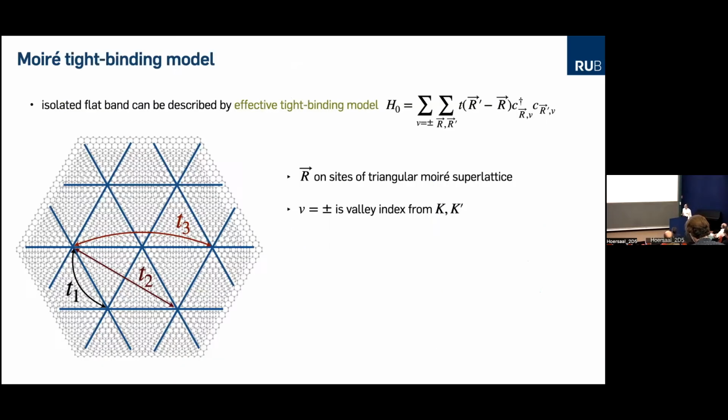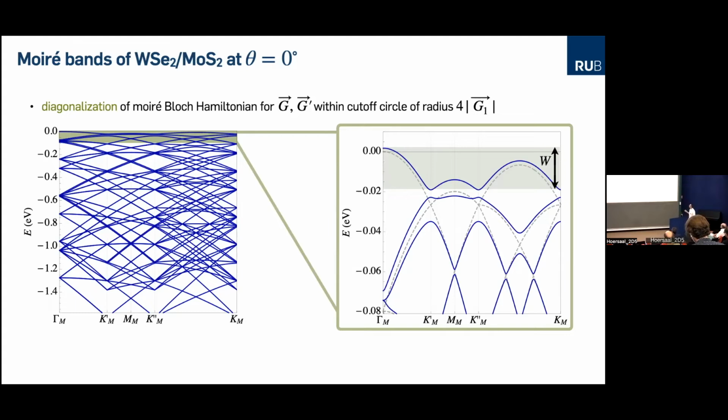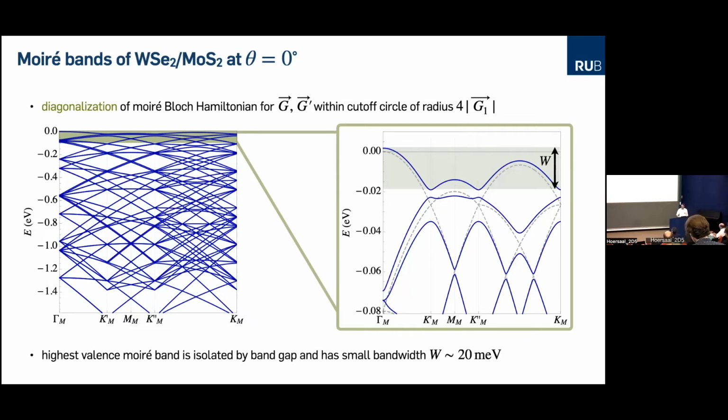And now, the story goes on like this. Now we can wonder whether we can put this single isolated band into a little bit of a different modeling, because we don't want to consider all the other bands once we're going for a quantum many-body approach to the correlated physics of this Moiré system. So what we can do is use an effective tight binding description of this band.